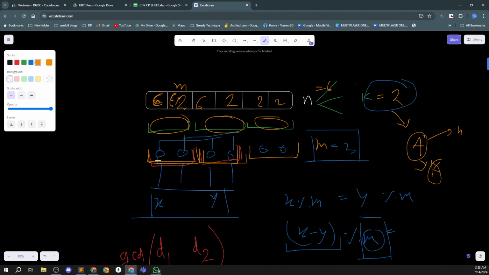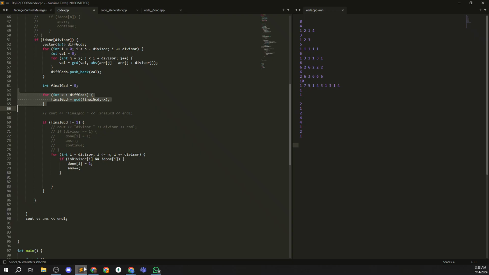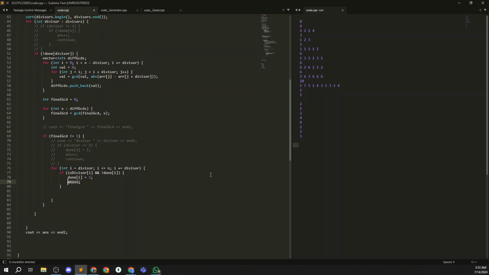Because if I get a possible m for k equal to 2, I'll also get a possible m for k equal to 4, right? So that's why I am iterating through the multiples of these divisors, and if this multiple is a divisor of n, here I am checking whether it is a divisor of n, and it is not found, then I am increasing my answer.